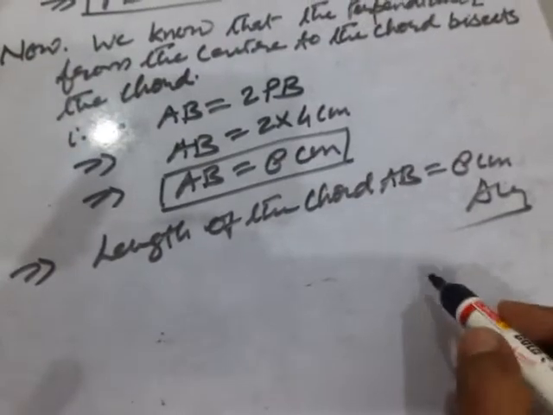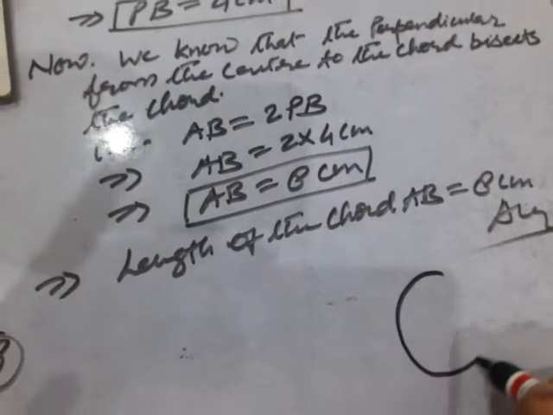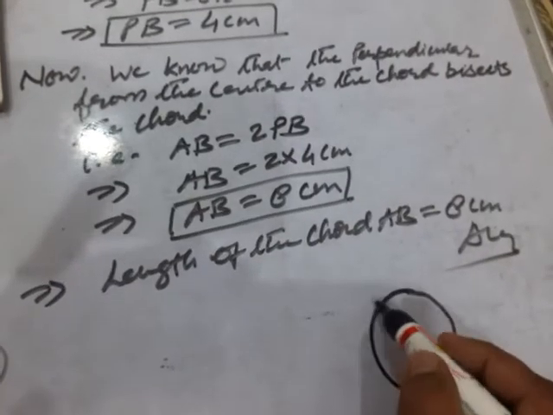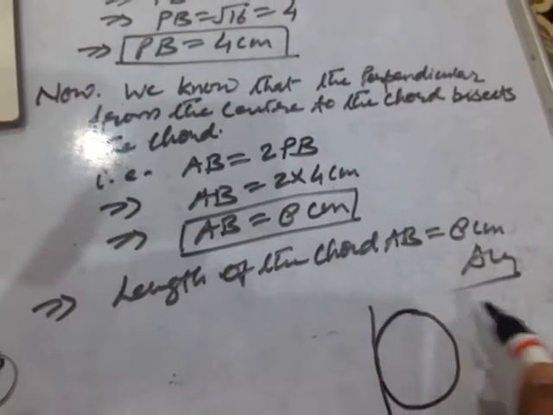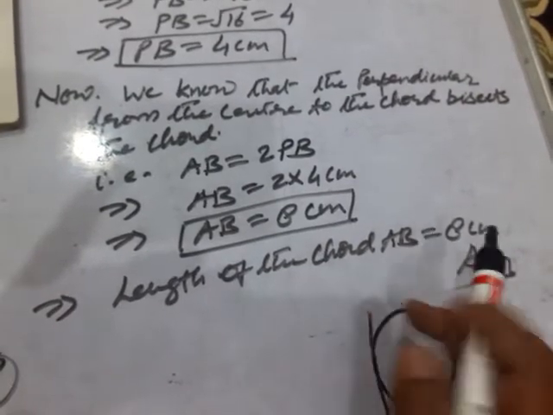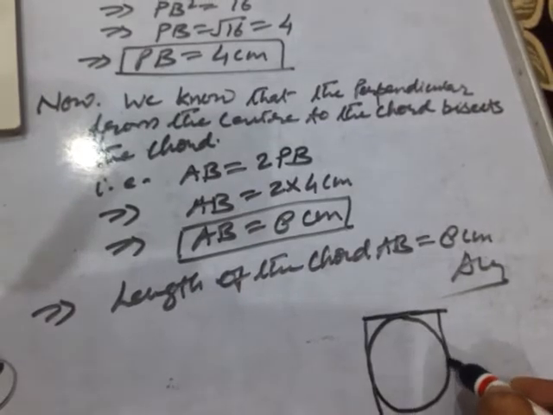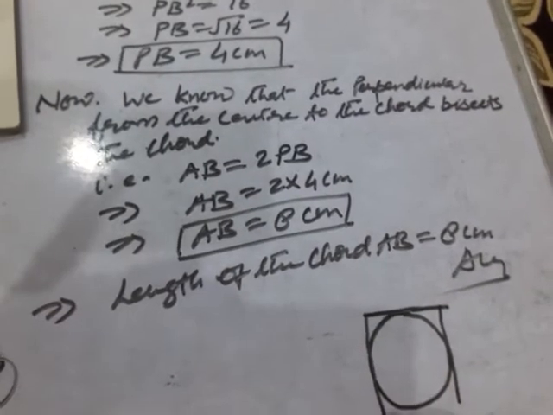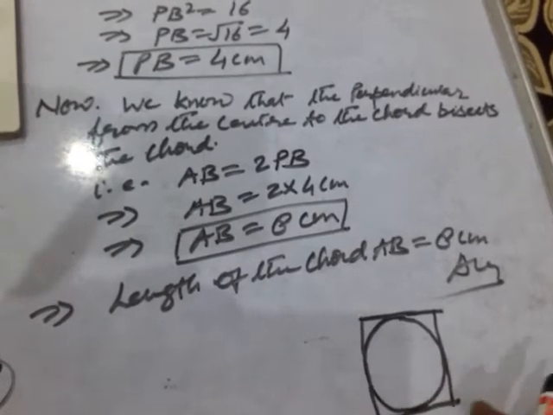Okay, let us draw the figure in this way. Draw a circle here, and draw a quadrilateral in this way so that it touches the circle. Clear children? See, this is the point of contact.